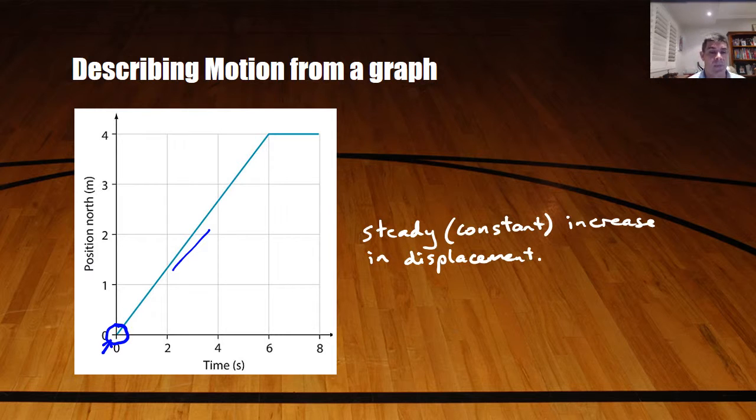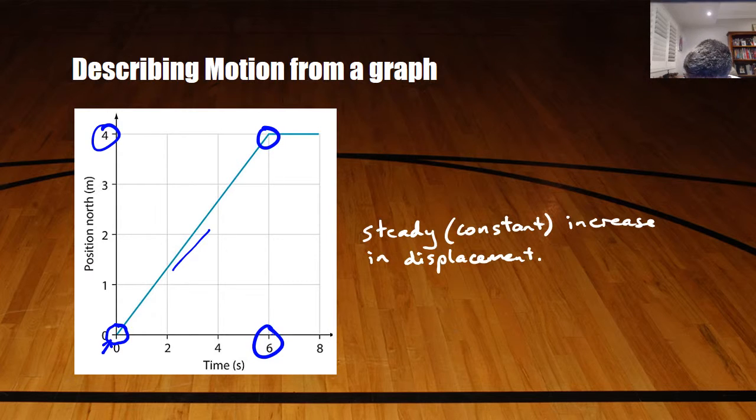Put simply, the object, the person, the ball, whatever it is that's actually moving in this case, is going north and has covered 4 meters in 6 seconds.